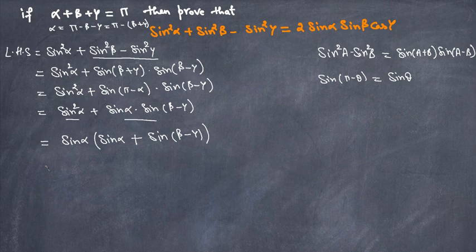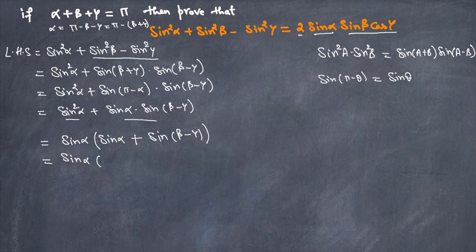Okay, so let's do some more math. I'm left with sin α, and I'm not playing with this sin α because I need one sin α, so I'm leaving it as it is. I already got one part of my right hand side, so I'm trying to bring these two and this number 2.